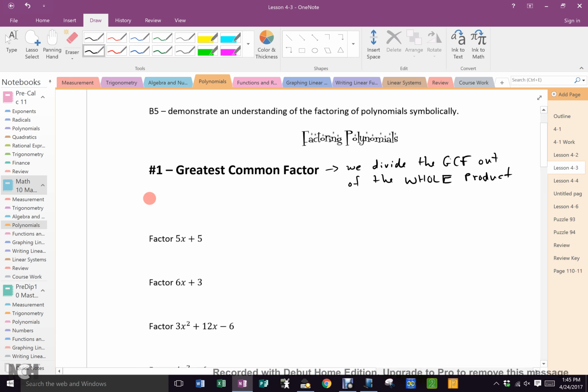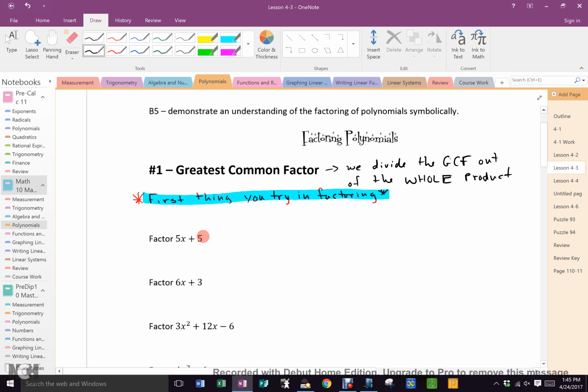This is very important, and I need you to put a star by it, because this is the first thing you try in factoring. Always try this first before you do any of the other stuff I'm going to teach you. That's why I'm teaching this to you first. Okay?